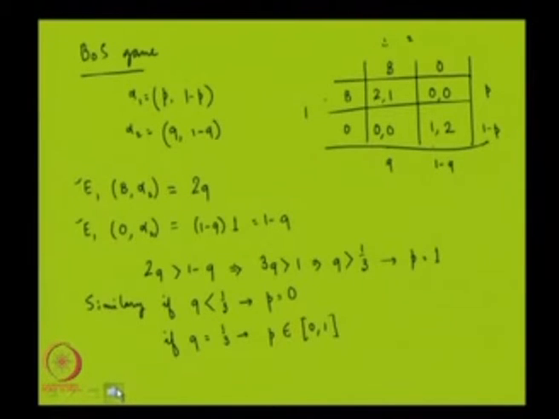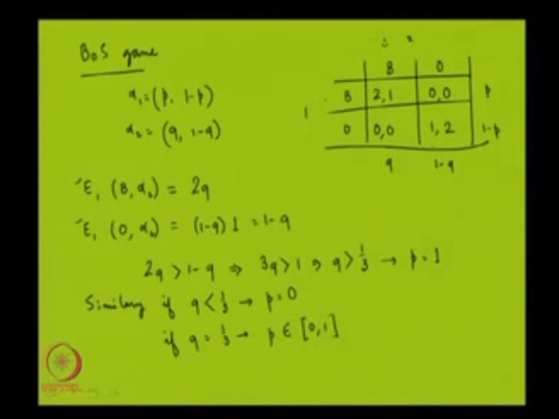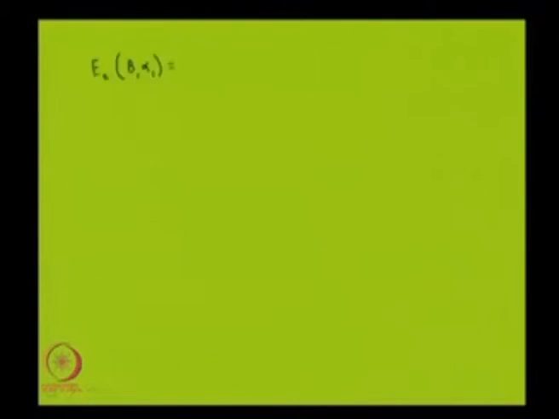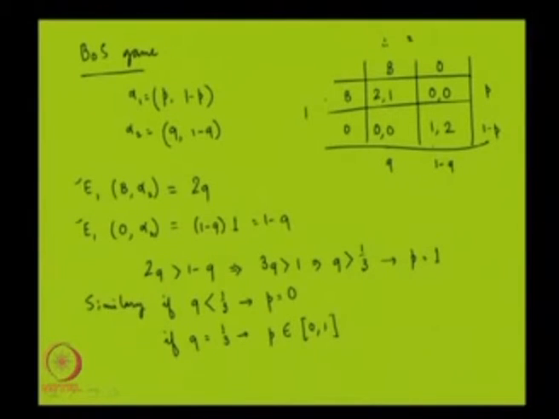What about player 2? For player 2, I have to look at the expected payoff to player 2 if he plays B and player 1 plays alpha 1. If player 2 is playing B, he is getting 1 with probability P, and otherwise he is getting 0.